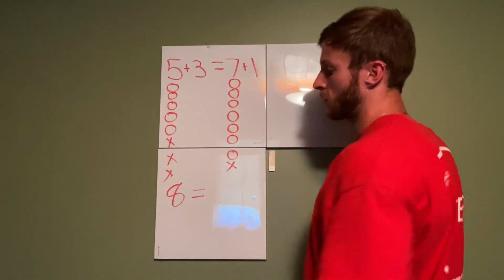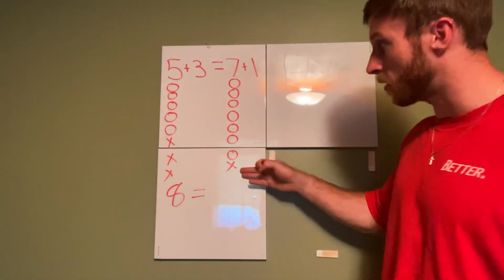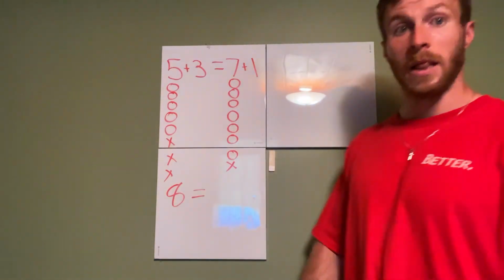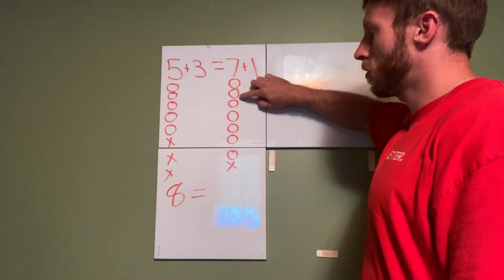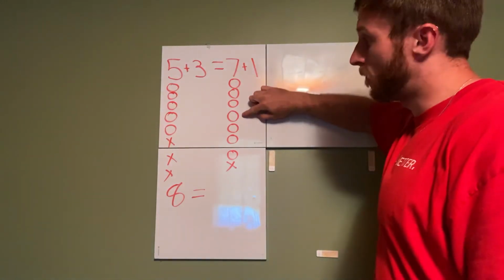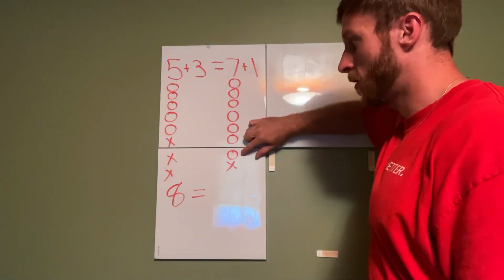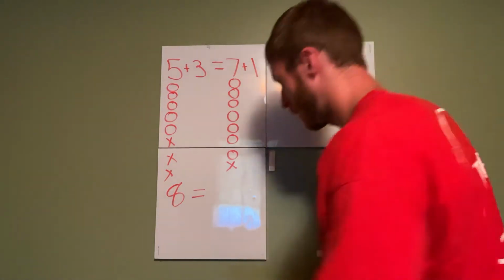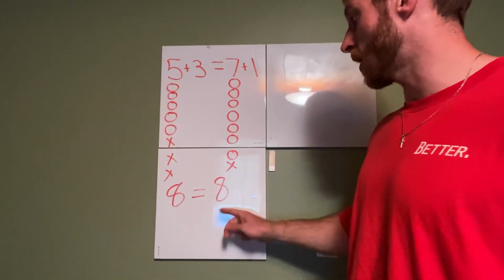So 1 x. Now I need to see if I have the same amount of shapes over here as I do over here. Let's count. Count with me. 1, 2, 3, 4, 5, 6, 7, 8. We write 8 here. We have 8 equals 8.